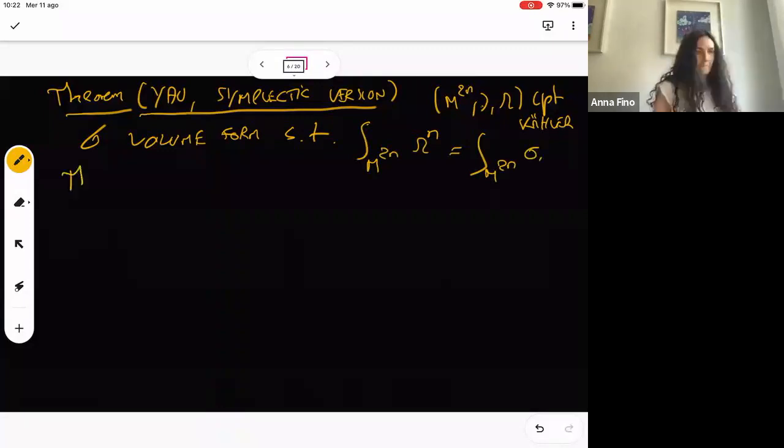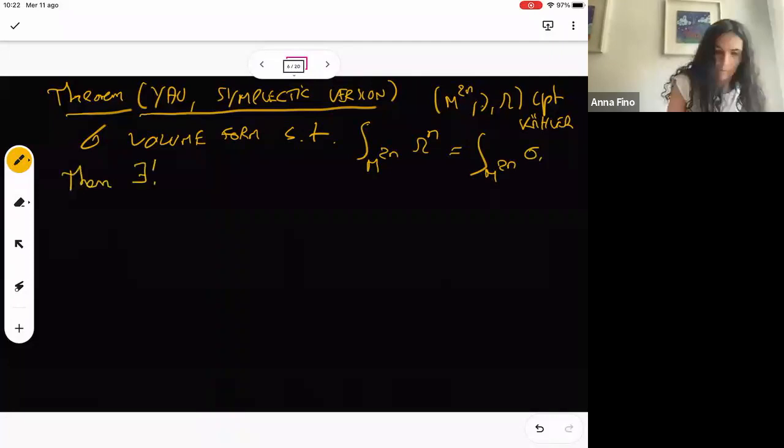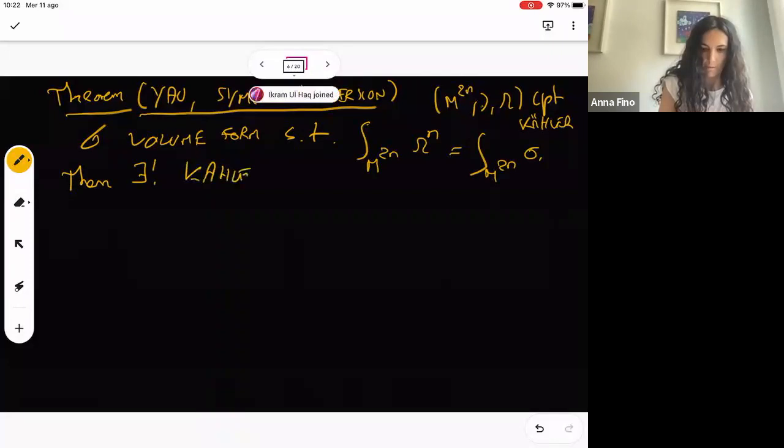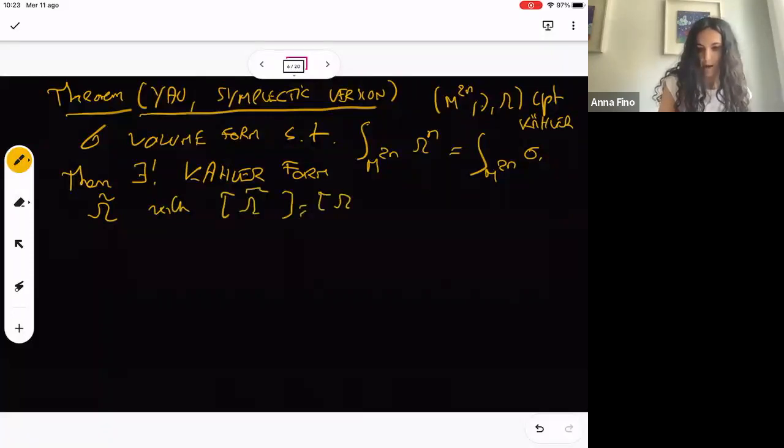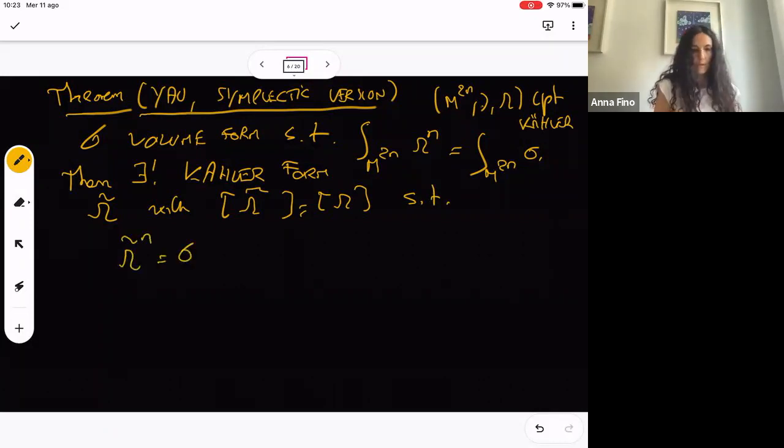Then, by Yau's theorem, there exists a unique Kähler form omega tilde with the property, as we saw, that omega tilde is in the same class of omega, and such that the volume is the same. That is the equation that we wrote before: omega tilde^n is equal to sigma.